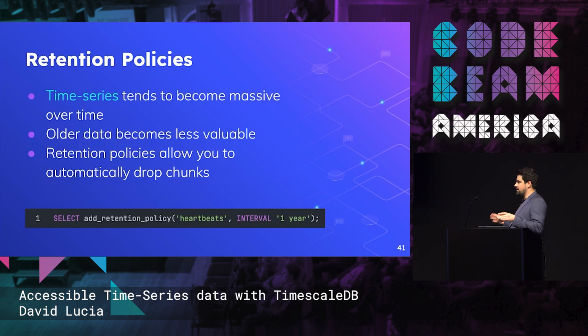What's super interesting is that you can configure your continuous aggregate so that it can continue to contain deleted data. So I might care about what my average beats per minute on a daily basis was 5 years ago, but I don't need the individual heartbeats. And these two things in combination help solve that problem. So I get that summary data without all of the individual data points. Best of both worlds.